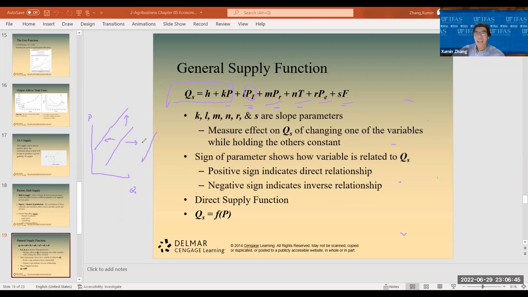But the other way around, if we have more producers, we will have the supply shifted to the right. Usually, I call this increase of supply. This I call decrease of supply, but you can interpret it in a different way: decrease the supply or increase the price, okay?